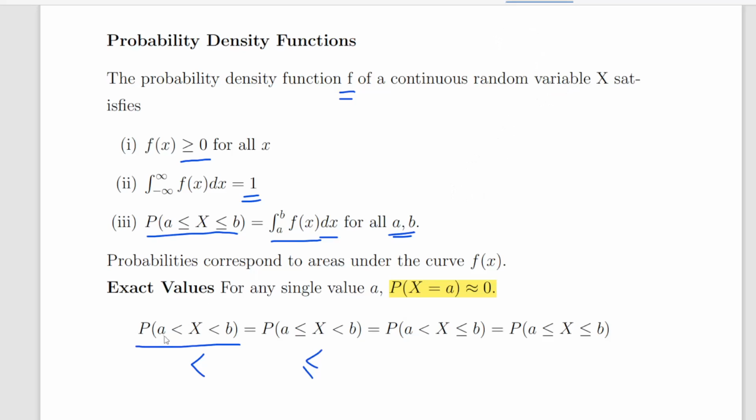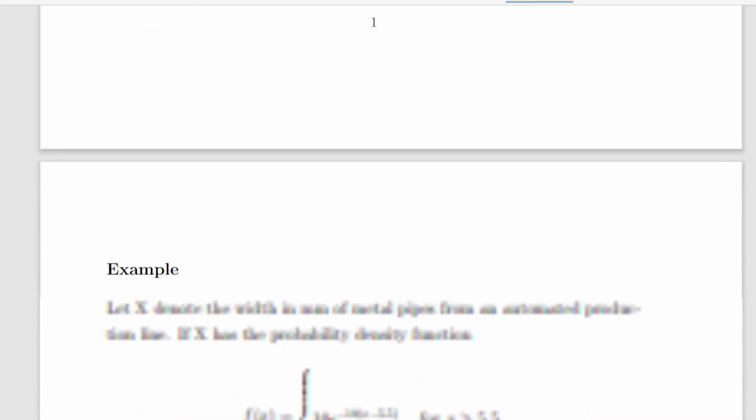So the probability of X being less than b but greater than a is equal to the probability of X being greater than or equal to a but less than b. Okay, and so on. So essentially we have four possible combinations of greater than and greater than or equal to. But as far as we are concerned with regards to continuous random variables, these are all equal to each other. Okay, that's a very important thing for continuous random variables.